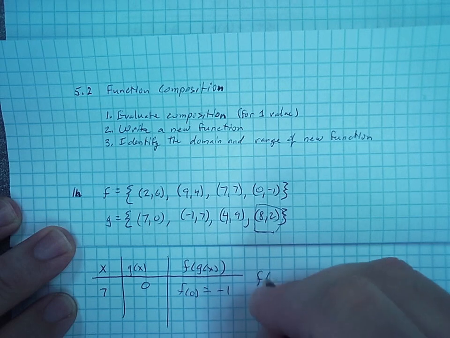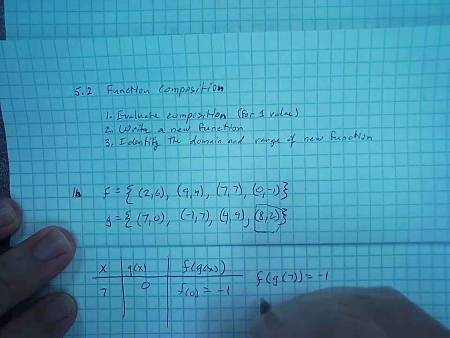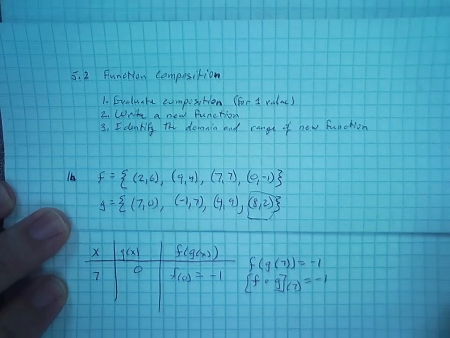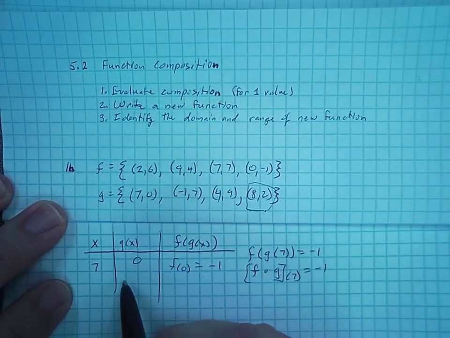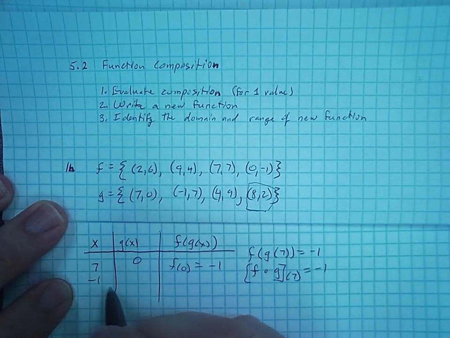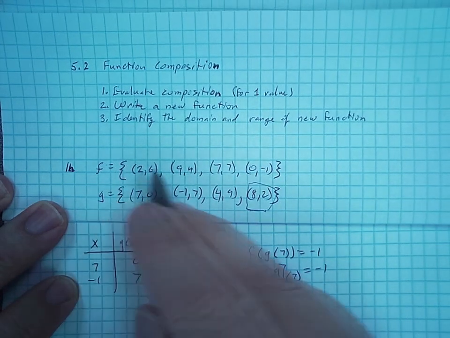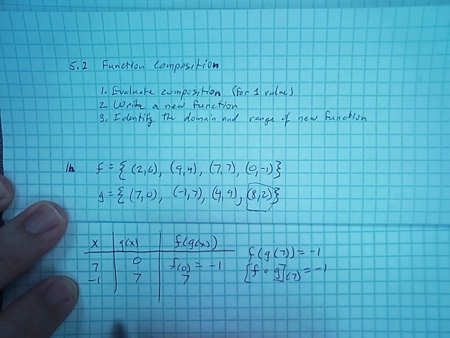Or if you prefer, f of g of 7 equals negative 1. Similarly, I can stick in negative 1. I stick negative 1 into g, I get 7. I stick 7 into f, and I get 7.